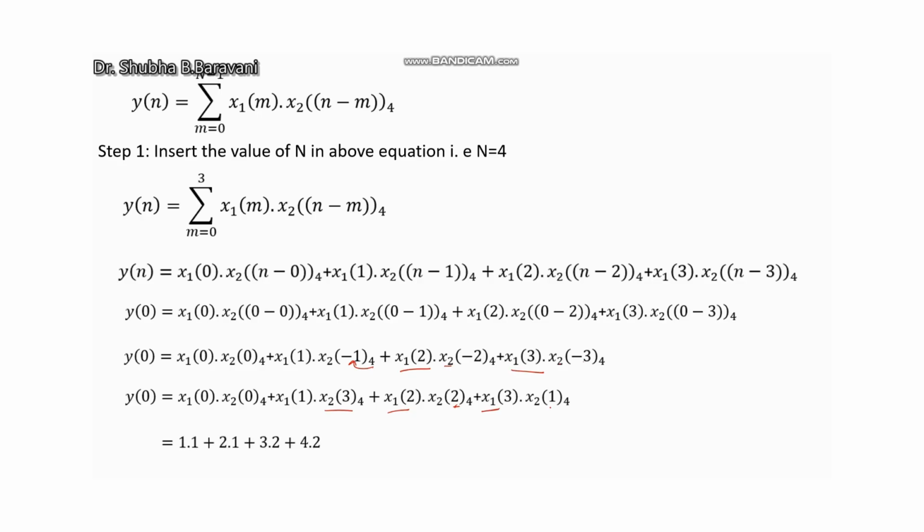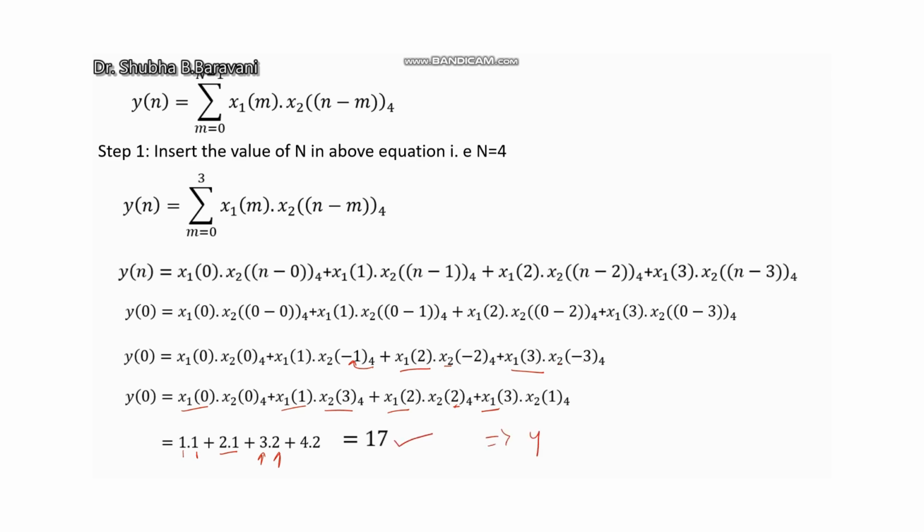x1 of 0 is 1, x2 of 0 is 1, then x1 of 1 and x2 of 3. Similarly, x1 of 2 is 3, x2 of 2 is 2. When we do this, the answer sums up to 17.